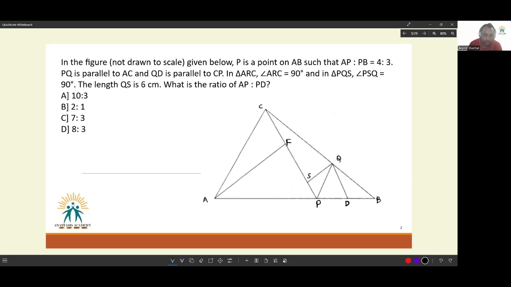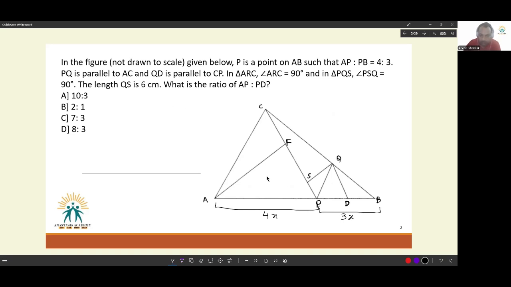Next, in the figure, not drawn to scale, given below, AP is 4x, and this length is 3x.